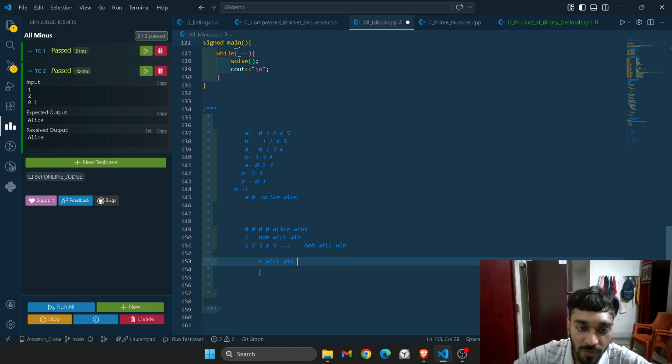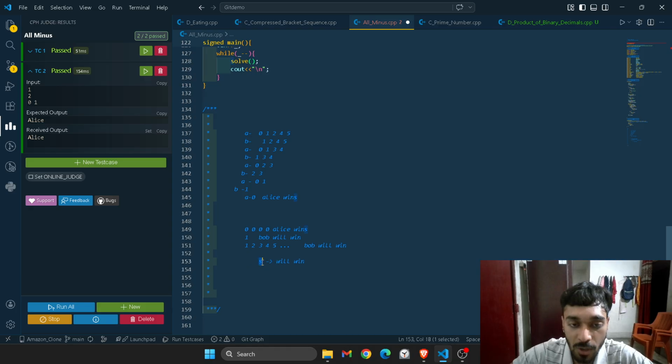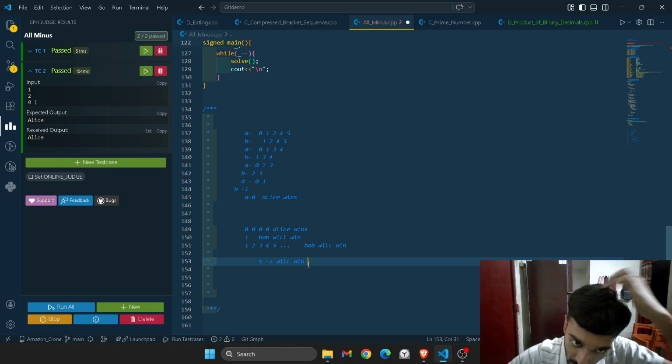Both players will try to get this S, so that before this S the next player's turn is there and they can perform the operation on S and win, right? After this S the game will end.